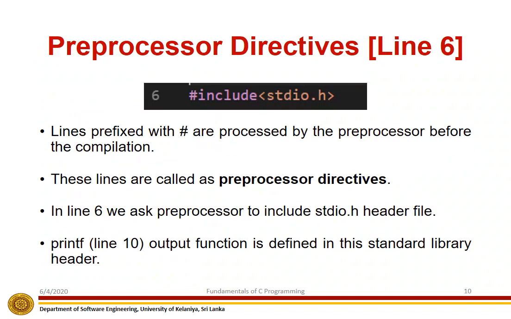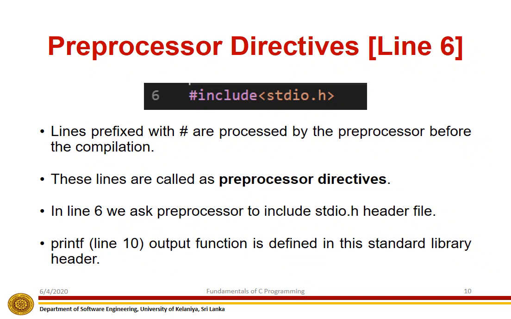Next, preprocessor directives, as in line 6. You can see in the slide hash include, with stdio.h inside angle brackets. These lines start with a hash symbol, then include, then inside the angle brackets a library function .h. The .h extension means header file. We call these preprocessor directives, or otherwise preprocessor commands.